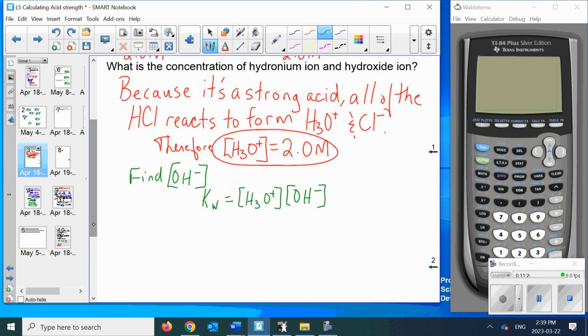We know two of these three things. We know Kw is always 1 times 10 to the minus 14. We know the hydronium ion from the above is 2 moles per liter. I'll leave out the units because we're talking within the calculation, but on the final answer. We want to solve for hydroxide. We do that by division.